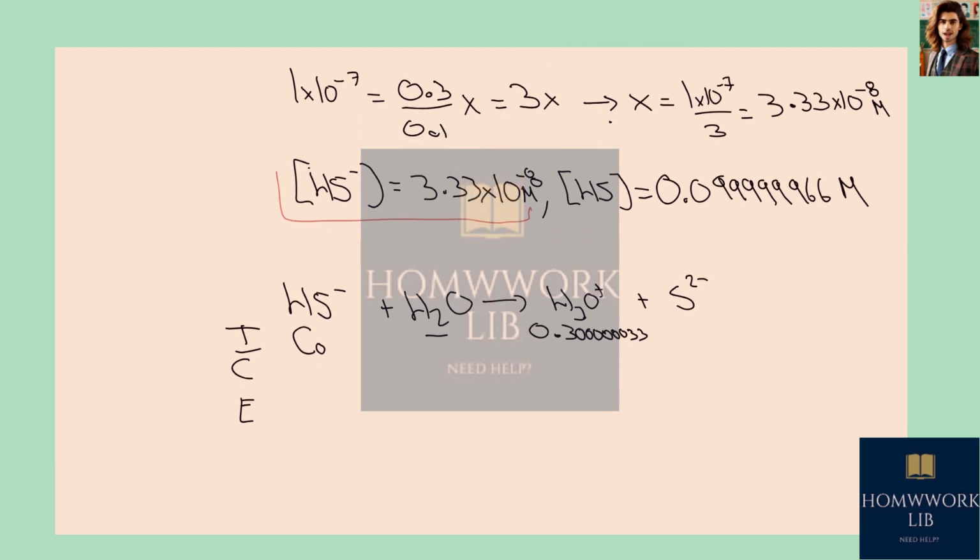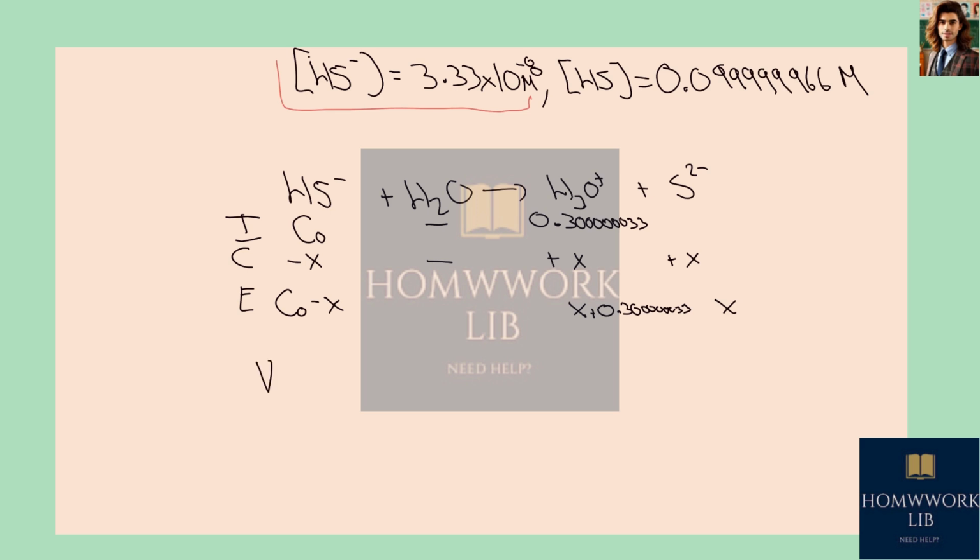Now the change is going to be the same: minus X for HS minus, and we add X for H3O plus and S2 minus. At equilibrium, we have C0 minus X, 0.3 and the zeros, 33, plus X, and X.